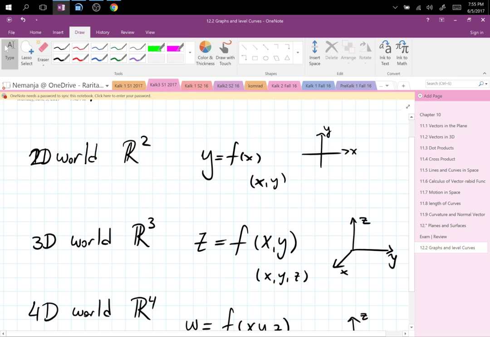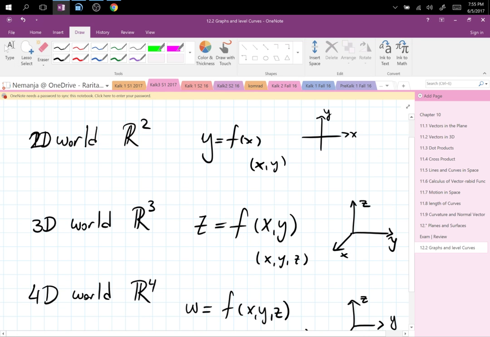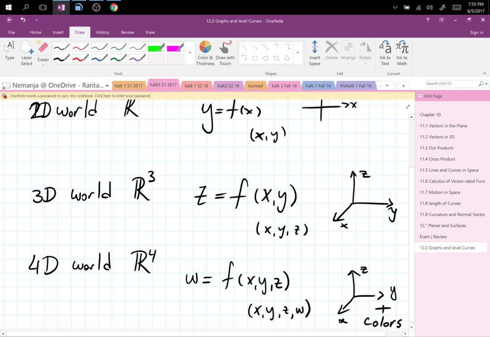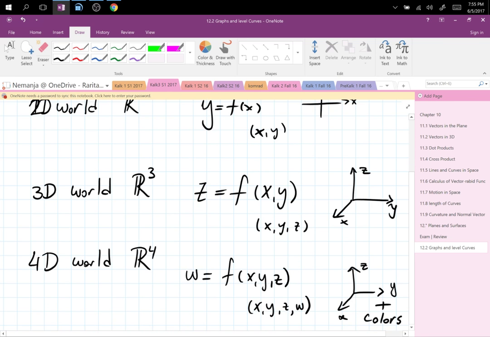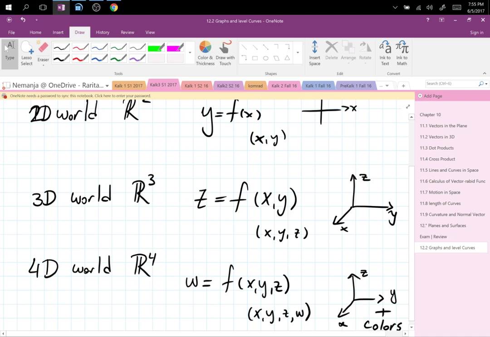So we have dimensions, they upgrade throughout, but what's important is to know that the one on the right hand side is always your range. It's always, if you want to call it in quotation marks, the answer. And then you have the world of input, which is a 1-dimensional domain, 2-dimensional domain, 3-dimensional domain.